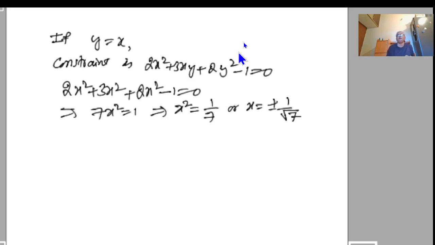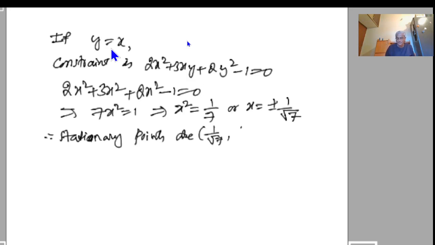If x equal to minus 1 by root 7, y is also equal to minus 1 by root 7 because we have y equal to x. Therefore, stationary points are 1 by root 7, 1 by root 7 and minus 1 by root 7, minus 1 by root 7. These are the 2 points here.